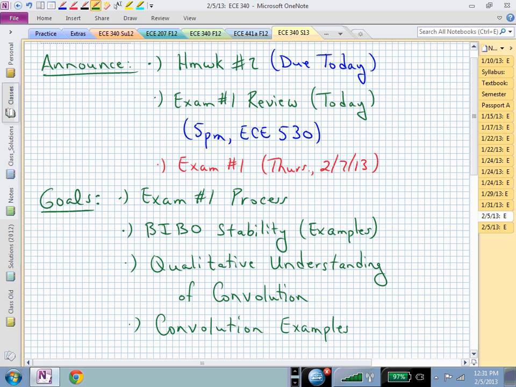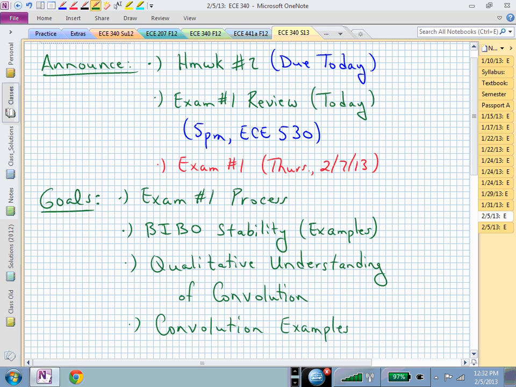We'll talk a little bit more about BIBO stability today. We really didn't get to cover that much, and we will actually go into more types of stability for exam number 2, and you'll be able to then distinguish between the different types of stability, but I want you to at least understand this bounded input, bounded output stability so that you can perform the calculations on exam number 1.